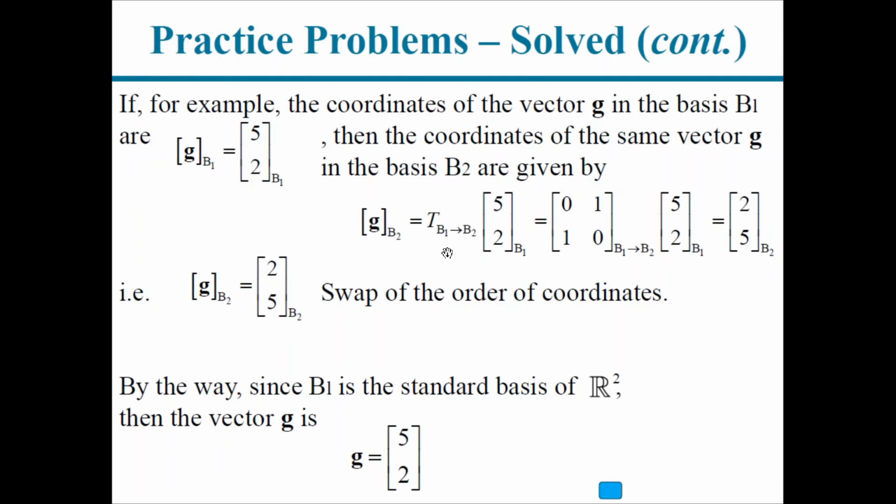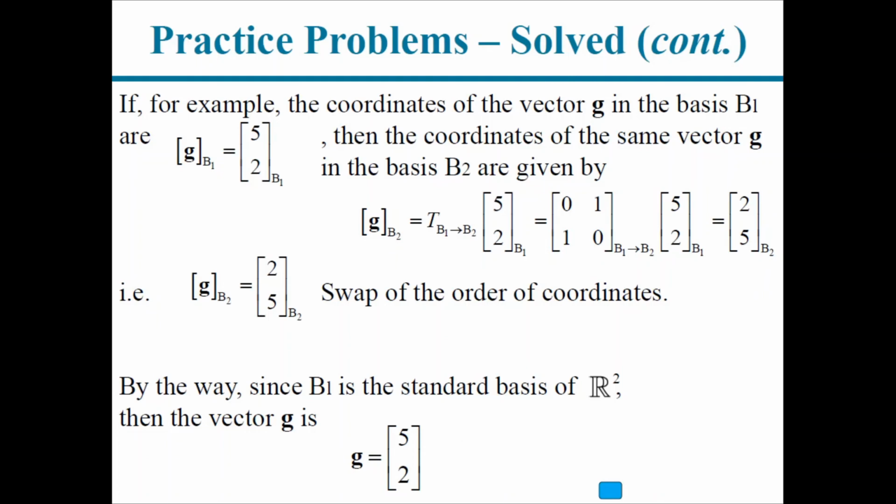Well, I multiply the transition matrix from B1 to B2 by the coordinates of the vector in B1, so I do the matrix-vector product, and I get the coordinates of the vector G in basis B2. Obviously, we just changed the order of coordinates because we changed the order of bases. And the vector obviously is 5, 2.